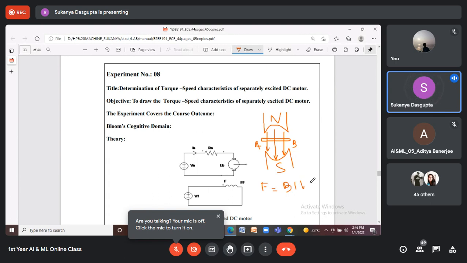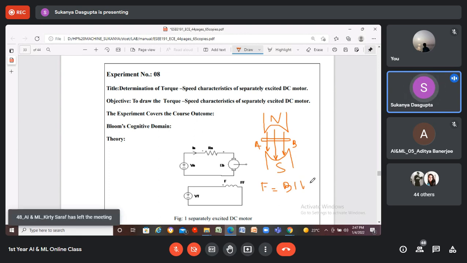Right? Now, what is the input here? It is the electric current, that is electrical energy. And what is the output we are getting from the machine? The rotation of the rotor. Right? So here actually the electrical energy is getting converted into mechanical energy. That is the working of a DC motor.